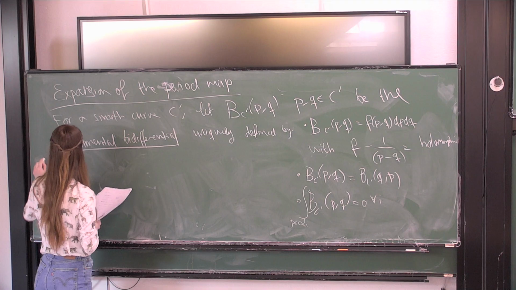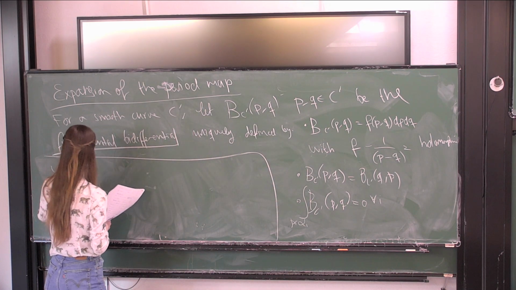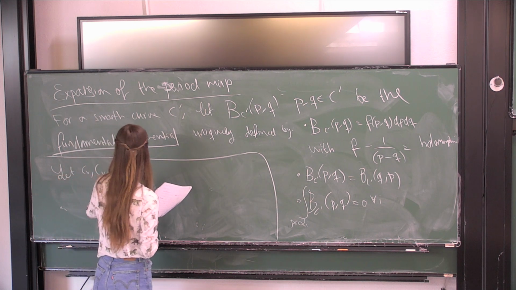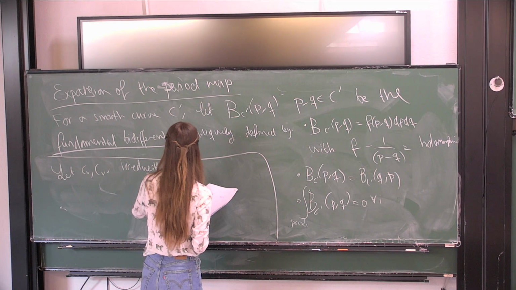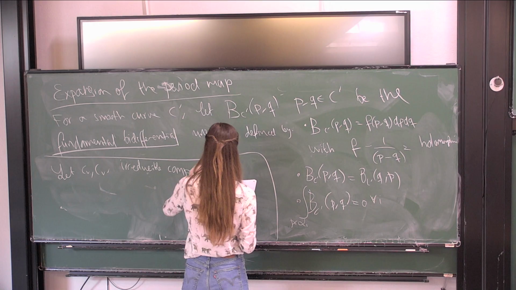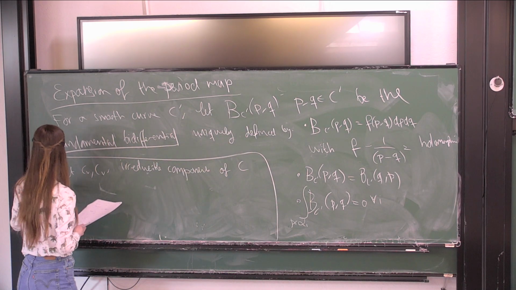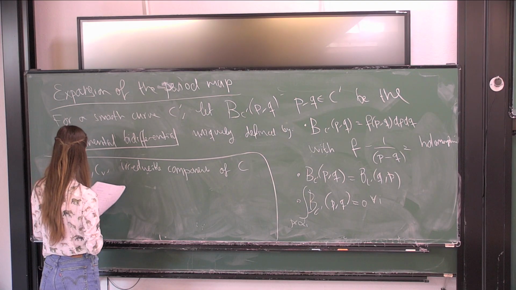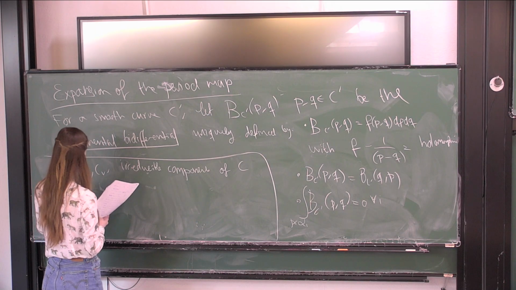So let V prime be irreducible components of C, and the genus is greater than 0, because otherwise the block will just be trivial, or there will be a 0 by 0 block.